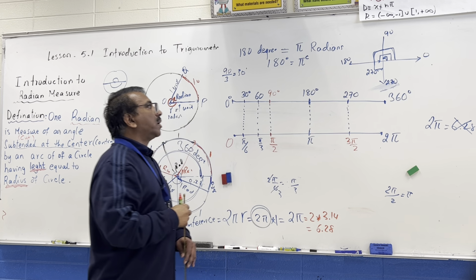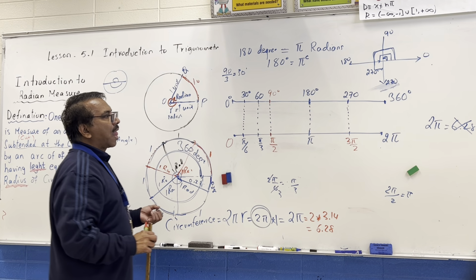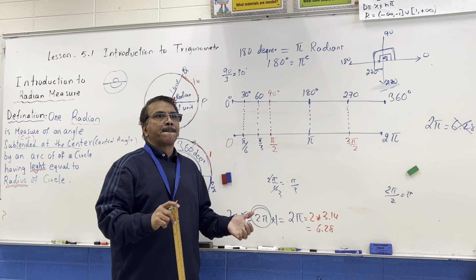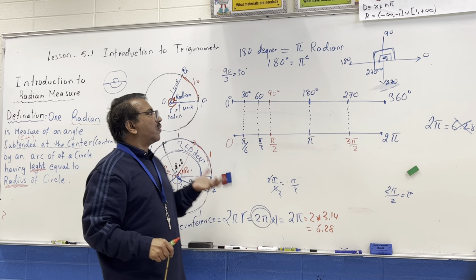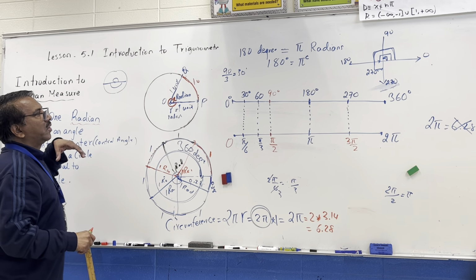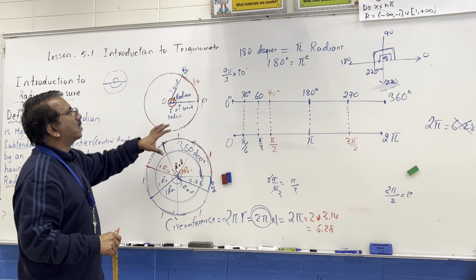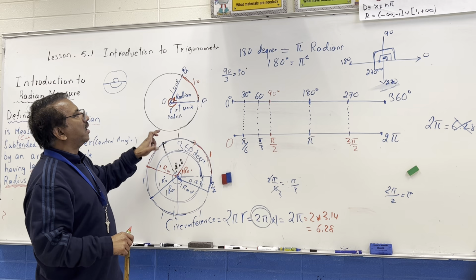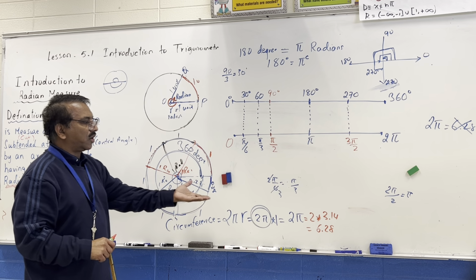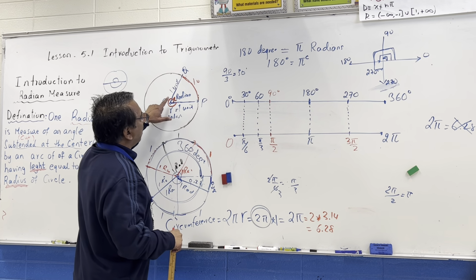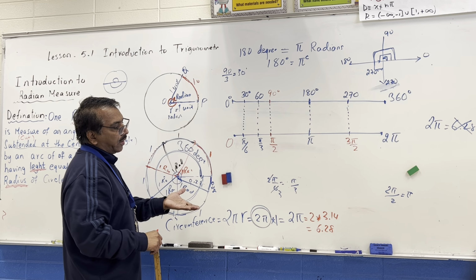So these are the important information that we should know from this short video I made, just to understand the definition of 1 radian, and then we know how many radians or how many radii fit in the unit circle, and you can see it is 6.28. So we say, okay, that is 6.28, which is 2 pi.